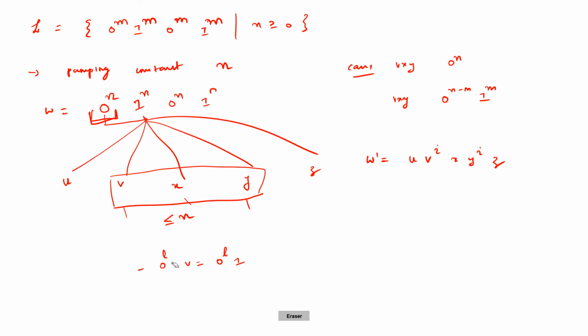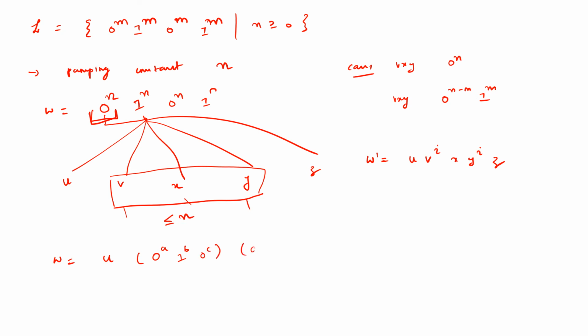So how do we take the string? w will be equal to u, v, x, y, z. v can be represented as 0 power a, 1 power b, 0 power c.